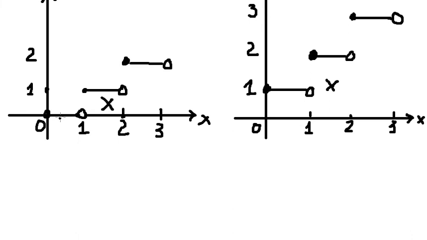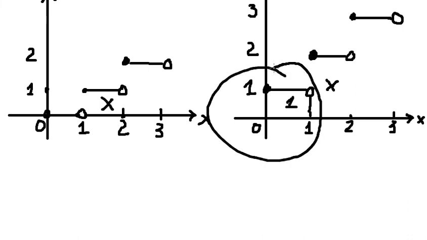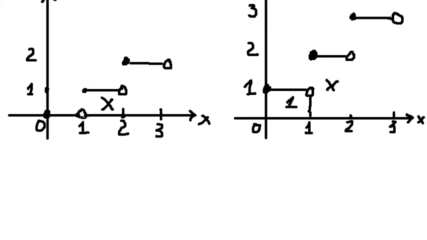So this is 0 multiplied by number 1 because the area from 0 to number 1 of this one is number 1. From 1 to number 2, that's 1. So 1 multiplied by number 1, so we have number 1 in here.